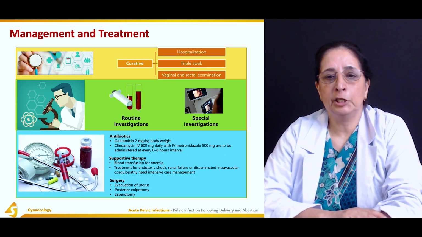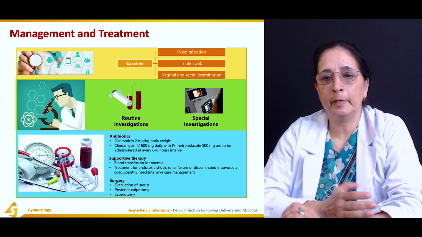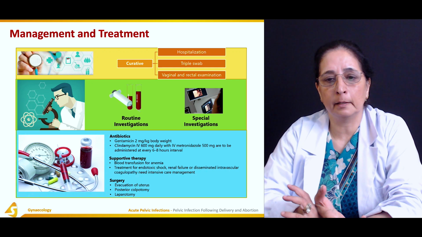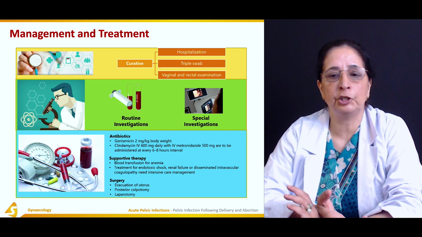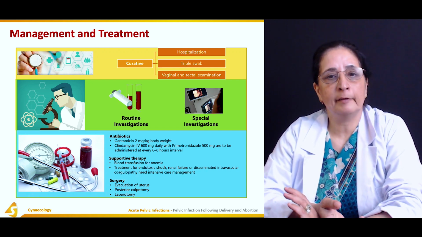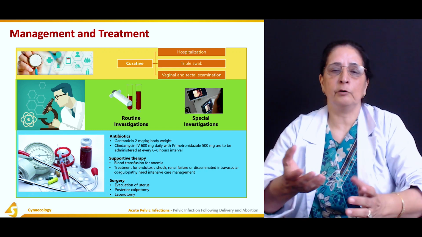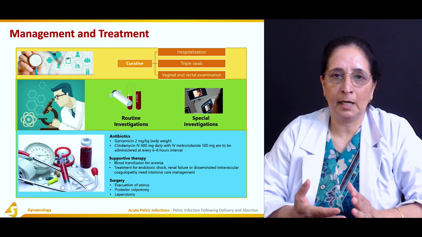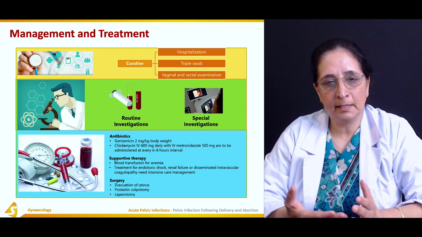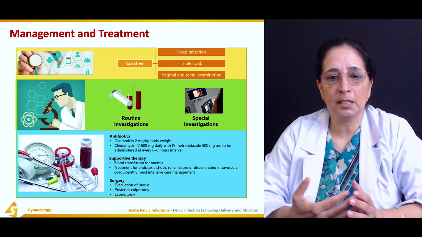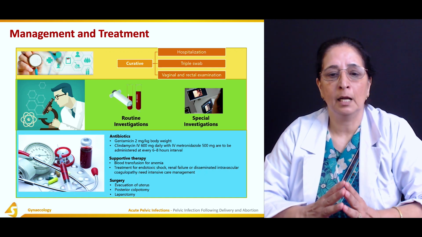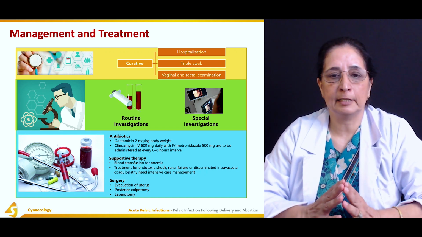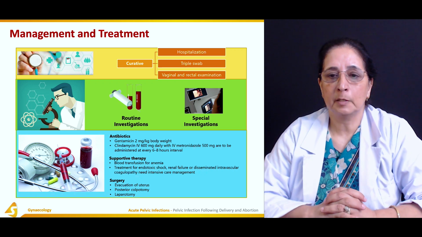Next is the management and treatment. Usually routine investigations and special investigations are performed. In the routine investigations, blood tests, complete CBC, and blood cultures are done, and then we have special investigations also.